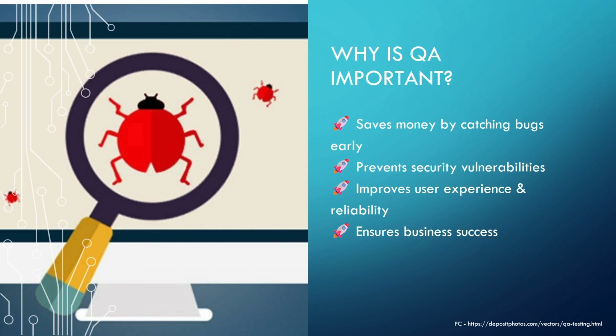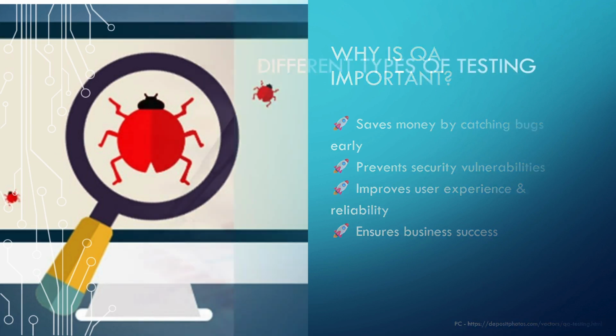The QAs, the testers, are the ones who prevent those kinds of disasters. So that is why QA is very, very important in software development. If you don't have a QA, your product won't be considered a quality product. So QA holds a very important role in software development.